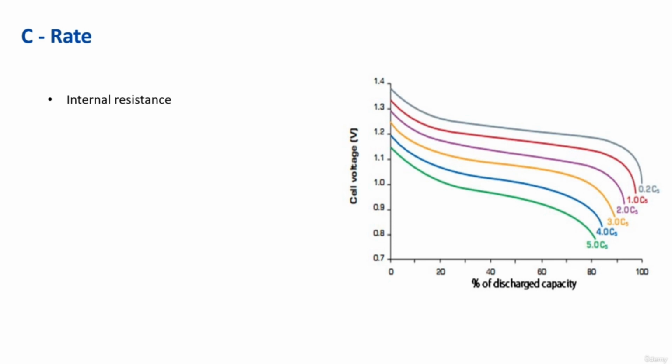For very small currents like C/20, the voltage is typically close to the chemical driving force, whereas for large currents, it will deviate by the current times the internal resistance. The voltage deviation is referred to as the overpotential. Note that the current I is negative during discharge, and therefore the overpotential is negative during discharge.